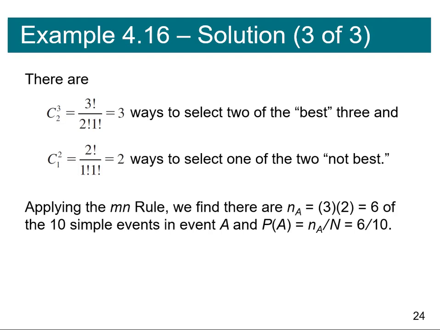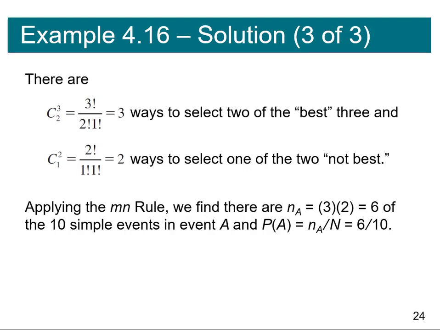How many ways are there to select 2 of the best 3? That's C(3,2), from the best 3, choose 2. And then how many ways to select 1 of the 2 not best? From the 2 not best, we need to choose one, and then we need to apply the MN rule.